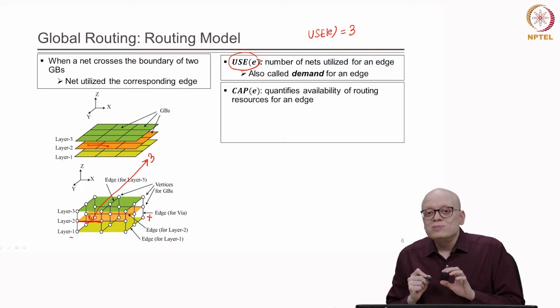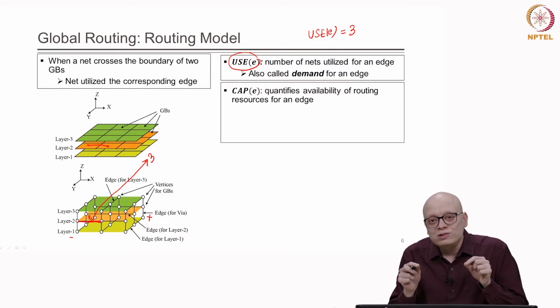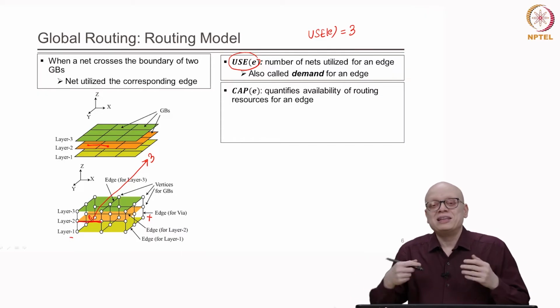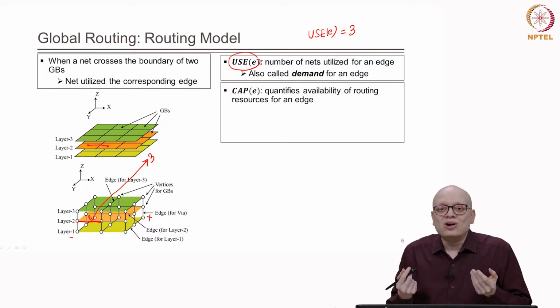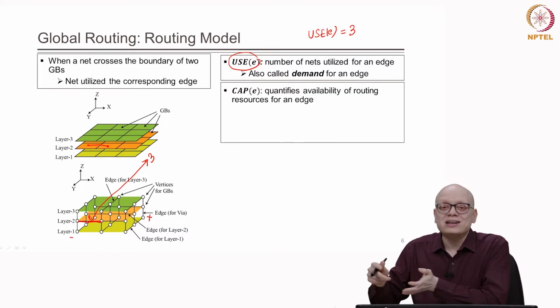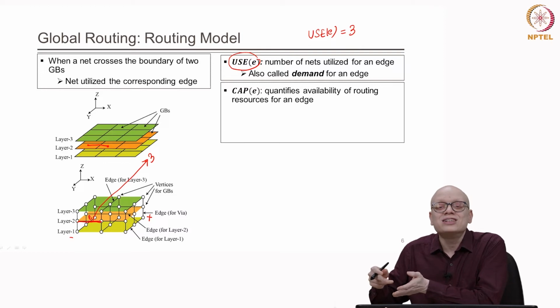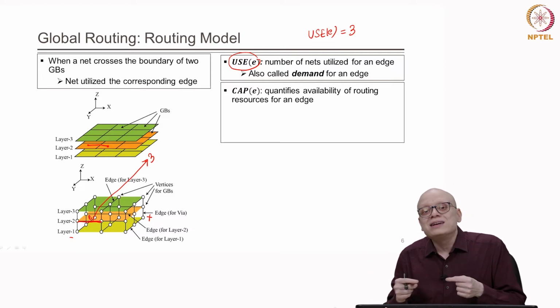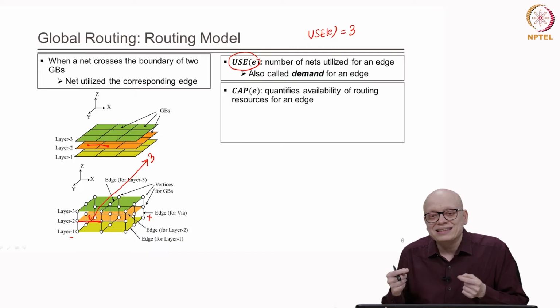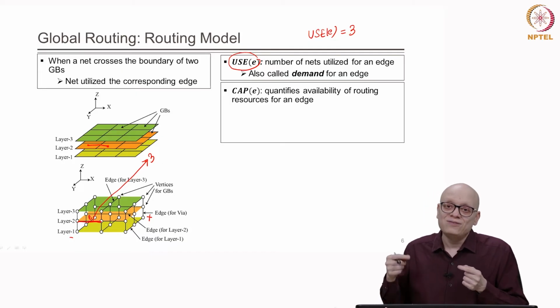Now, we also need to be careful about the capacity of the edge. If one particular edge is used many times, maybe say 1000 times, that is not a good routing solution, because later the detailed router will not find a sufficient number of tracks in which to lay out 1000 nets, and therefore detailed routing will fail.